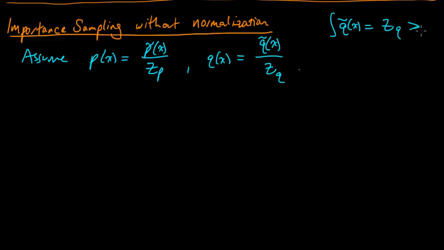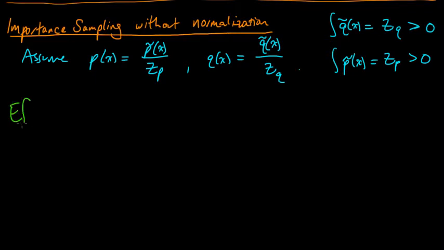We want Zq and Zp to be positive numbers. So mathematically speaking, you can always recover these normalizing constants, but these integrals might be extraordinarily difficult to actually carry out. So this situation occurs with quite some frequency.